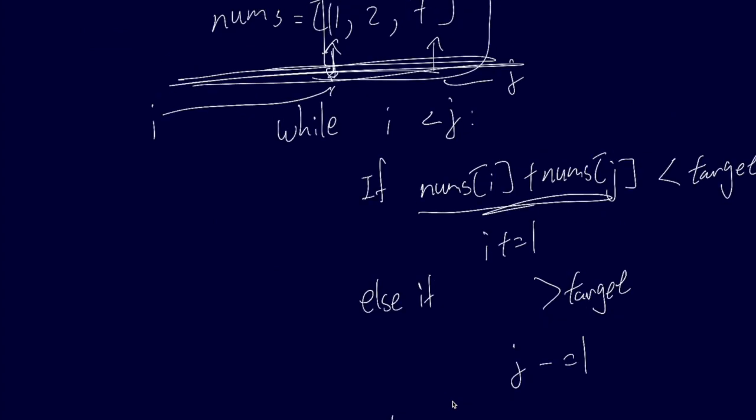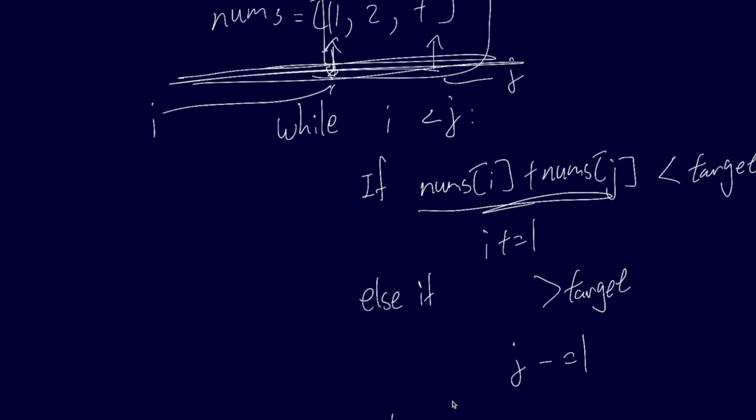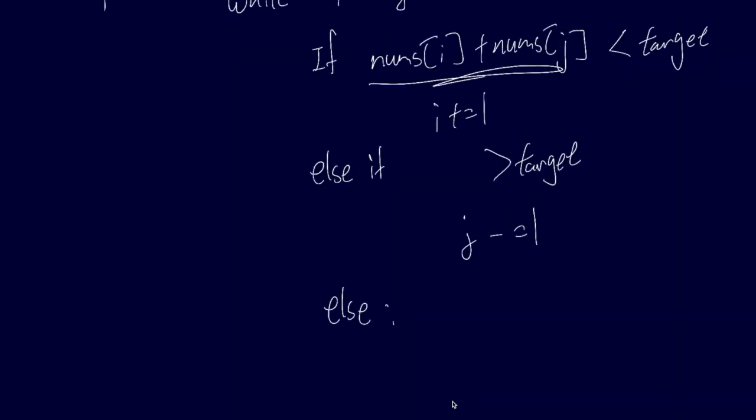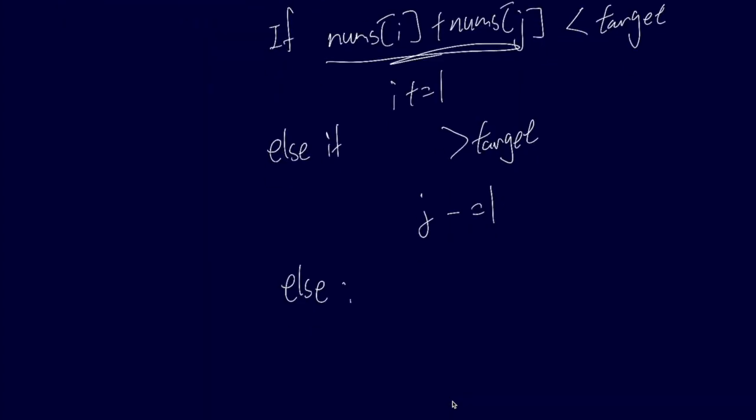So let's see, 1 plus 7 is less than 9, so we move the first pointer to the right. So our searching range becomes 2, 7, and 2 plus 7 is 9. So this is the solution we're looking for. We just return the index, right?